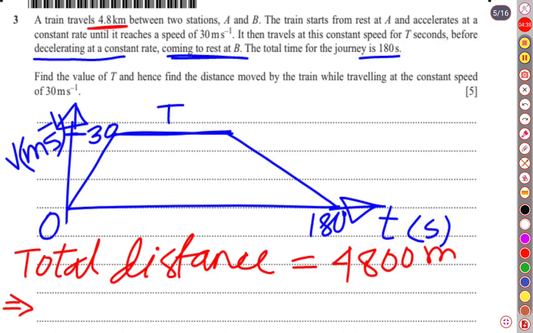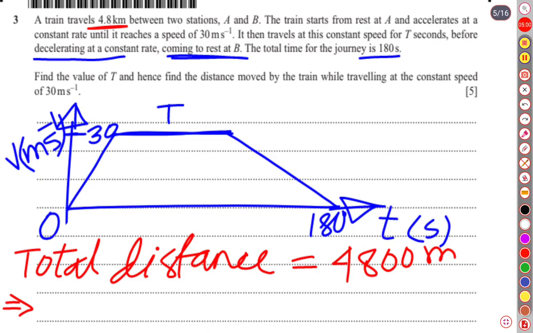And we know total distance is equal to the area traveled by the train. That means this whole area is the area of this trapezium shape, starting from 0 until 180. What is the formula for a trapezium?